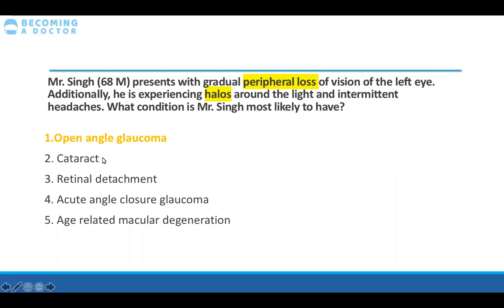Cataract, we just spoke a bit about cataract, and usually you would see starbursts, and it would be a gradual loss, but not necessarily of the peripheral vision. And age-related macular degeneration, number 5, we're going to talk about in the next few cases. So hopefully after that you'll appreciate why it's glaucoma and not AMD.